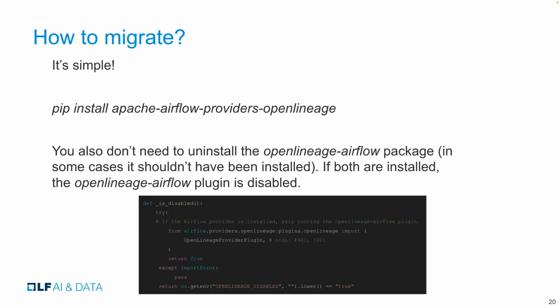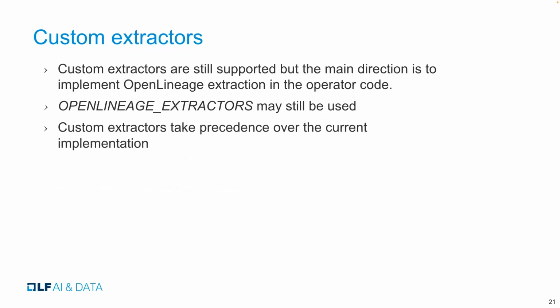But sometimes you shouldn't be uninstalling the previous package, and I talk about it a bit later too. But the simplest way is to just do the pip install, which I will show you in the demo.